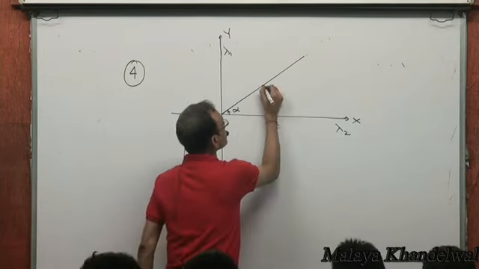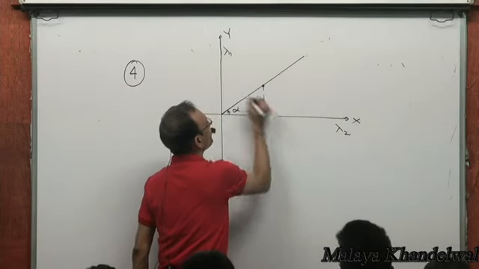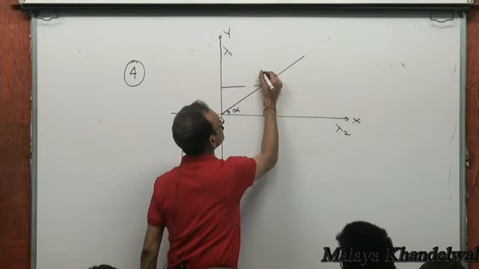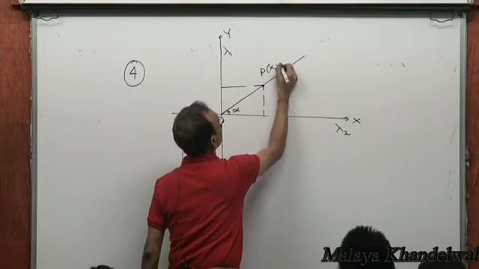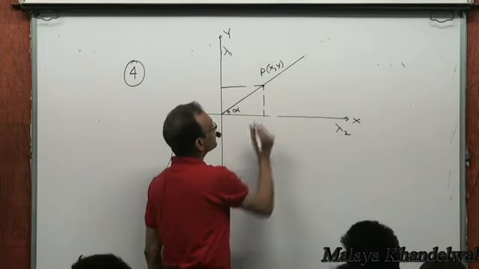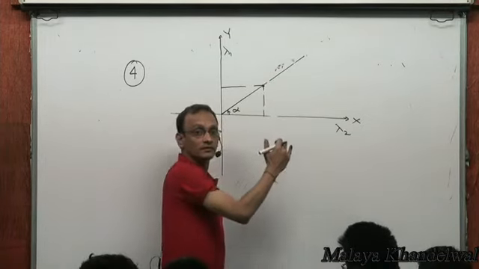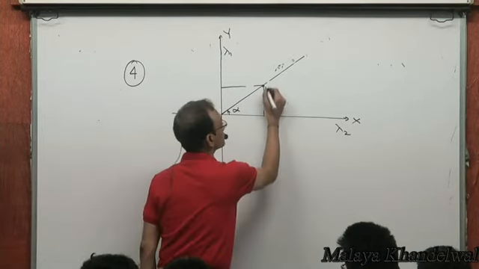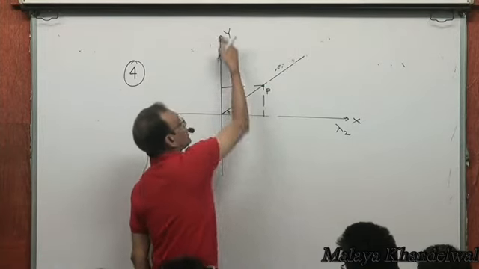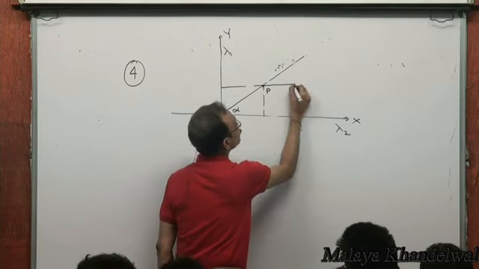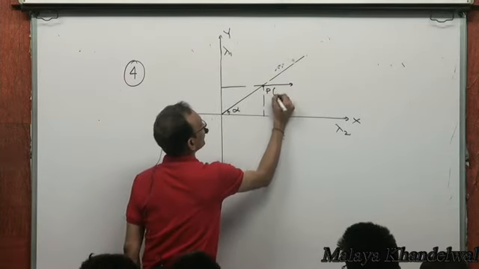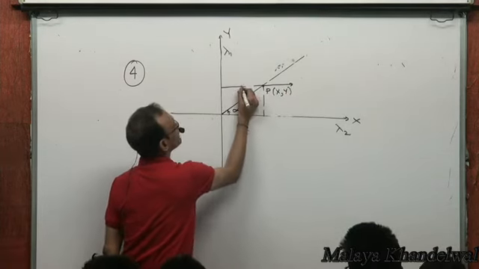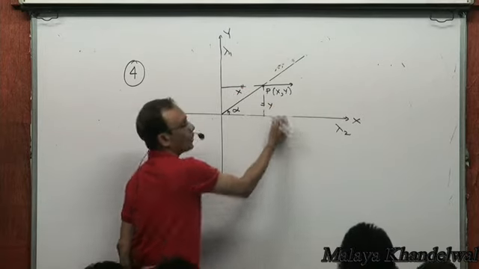That means if I took a point P along this line, whose coordinates are x comma y, then because of this line of charge, there is going to be an electric field. Say this point P has coordinates x comma y. This will be x and this would be y.